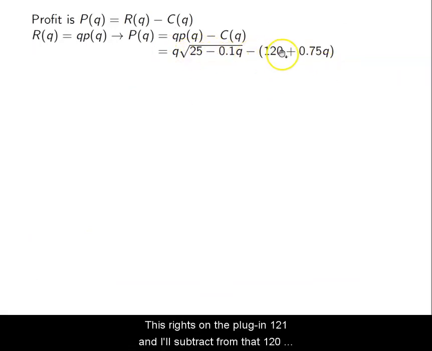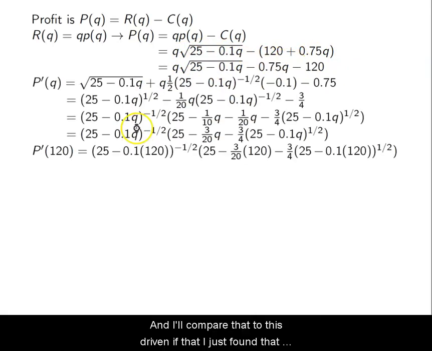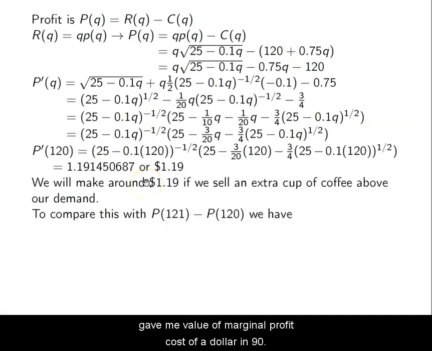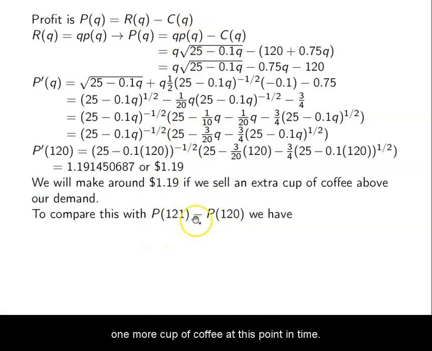So I'm going to plug in 121, and I'll subtract from that 120. That'll tell me the change in profit for selling one more cup, and I'll compare that to this derivative that I just found. That gave me a marginal profit of $1.19, right? So I just want to know how much I'm making from one more cup of coffee at this point in time.